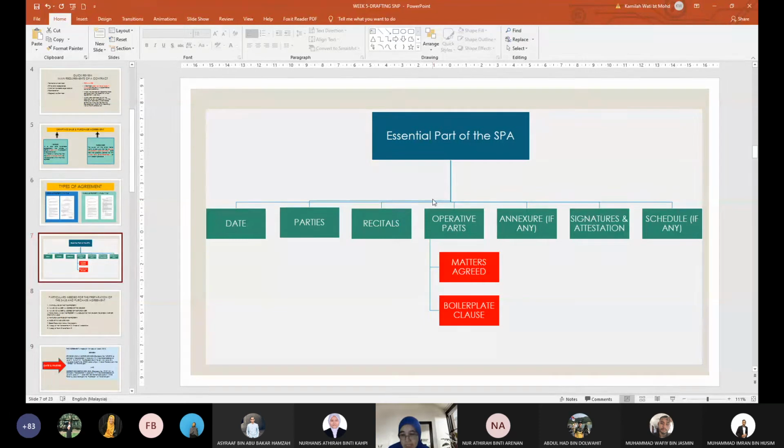Contohnya tiba-tiba banjir, ataupun something yang beyond that. I'm not so sure whether pihak-pihak saya rasa masih lagi boleh bawa benda tu ke mahkamah lah untuk the court decides whether that comes under issues force majeure or not lah.